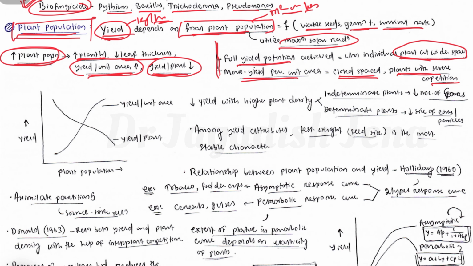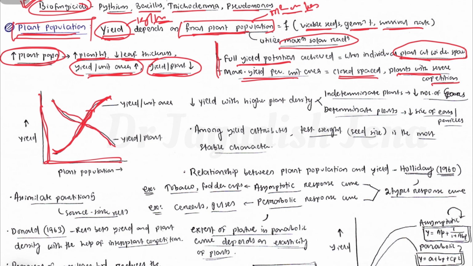So this is a graph indicating the relationship between yield and plant population. Suppose we are increasing the plant population, then what happens? The yield per unit area is increasing. When we are decreasing the plant population, then yield per plant is increasing.